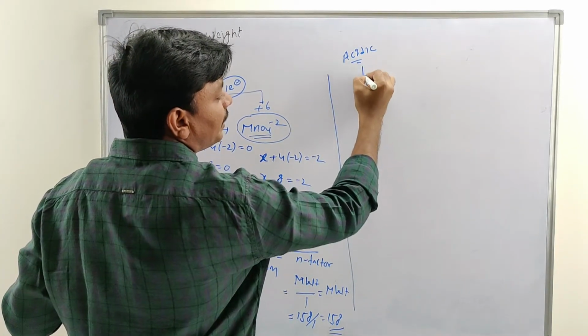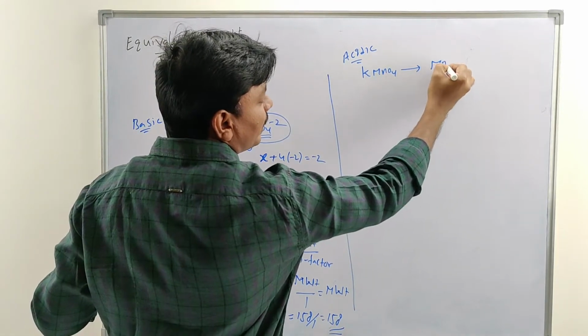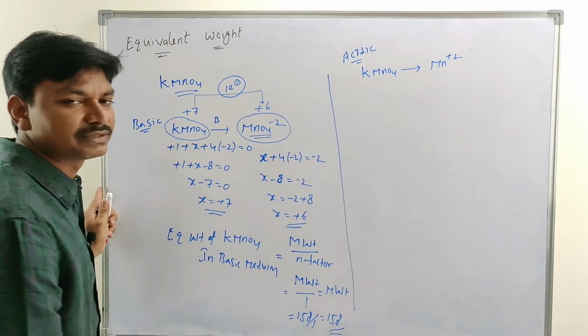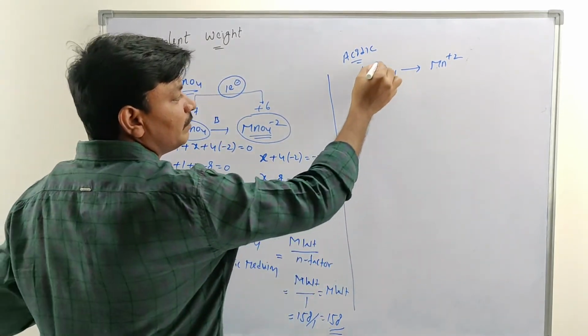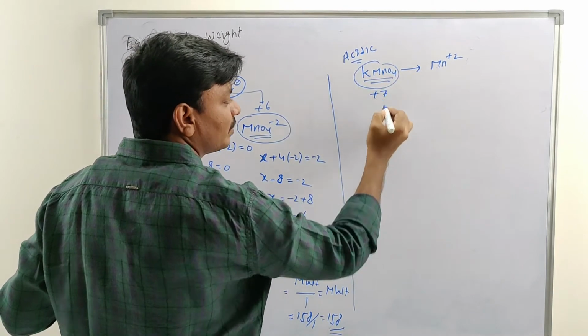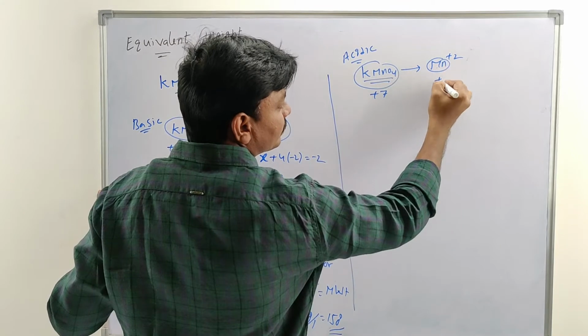medium, KMnO4 will be converted into Mn 2+. In KMnO4, the manganese oxidation number is +7. Here, the manganese oxidation number is +2.